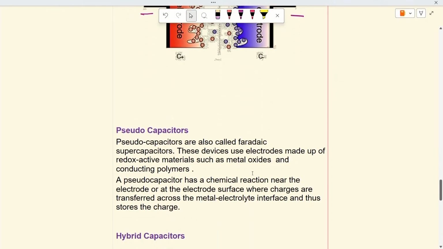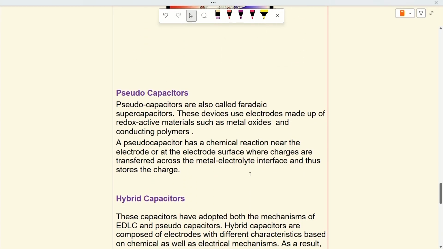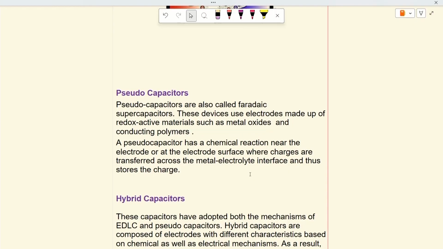Okay. Now, there is another type of capacitors known as pseudo capacitors. So far, you have been dealing with the capacitors in which there is no electrochemical reaction taking place and charges are formed just due to the polarization effect.